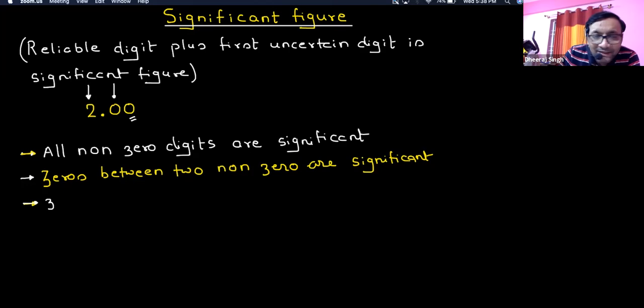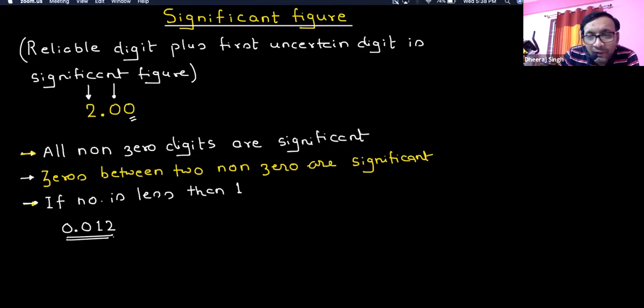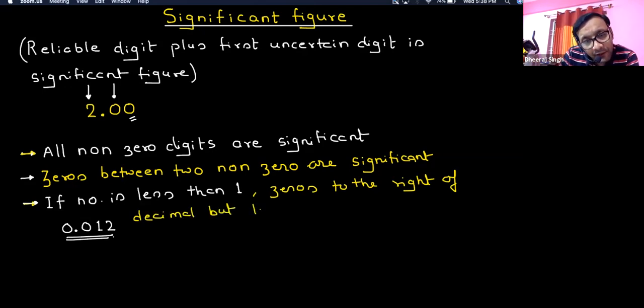Fine. If the number is less than 1, as in 0.012, something like that, zeros to the right of the decimal but left of the first non-zero digit are not significant.